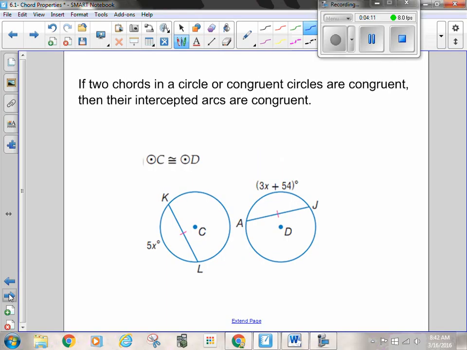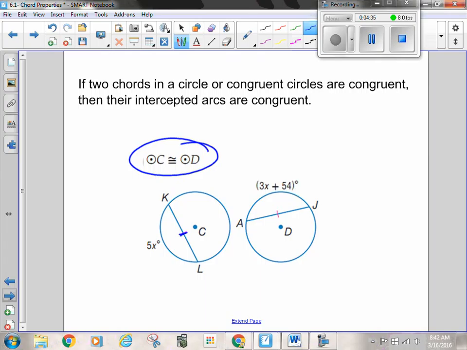All right, if two chords in a circle or congruent circles are congruent, then their intercepted arcs are congruent. An intercepted arc is from the endpoints of the chord or the angles. So it says circle D and circle C are congruent, and I have chords that are congruent.